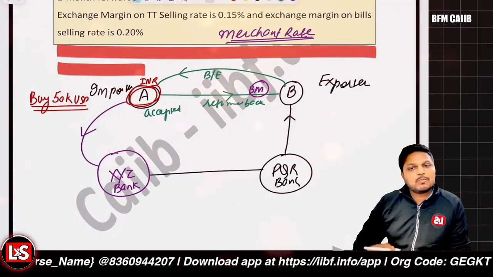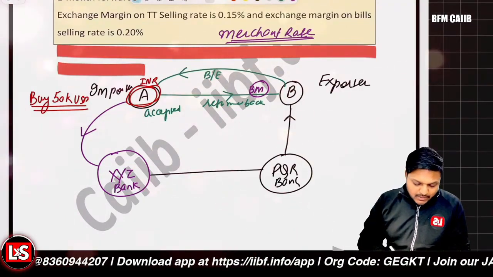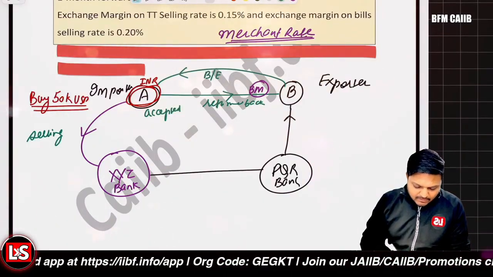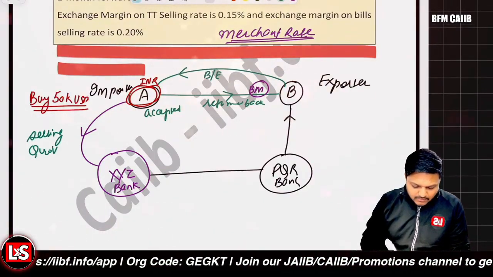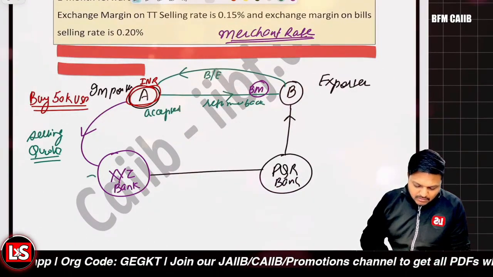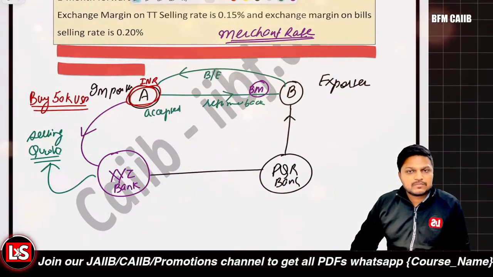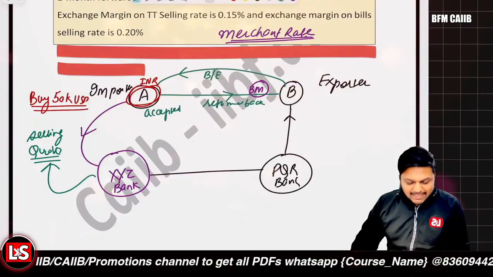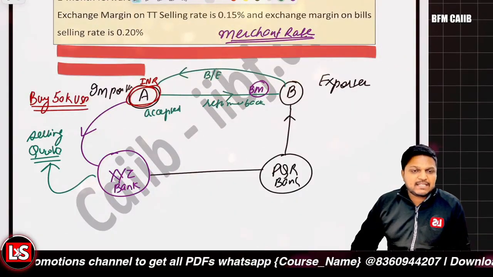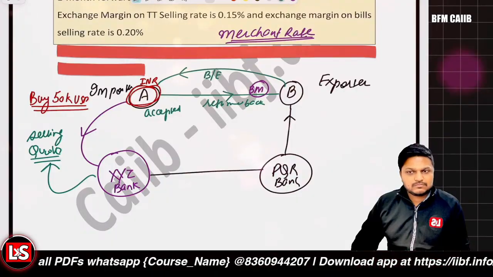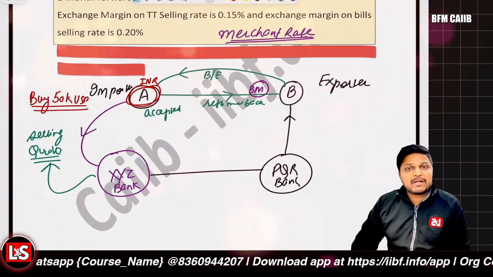The customer wants to buy, so what rate will be given? It is a selling quote given by the bank. So for selling the USDs upfront for payment purposes, the selling quote will be applicable. And would this be the same day transaction or some other day transaction? This will be the same day transaction.